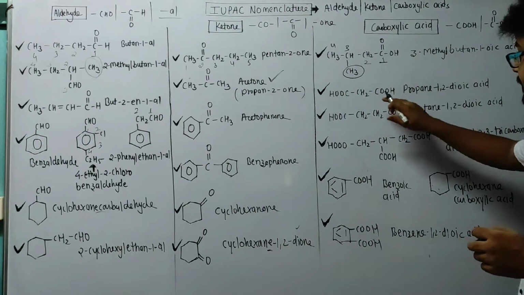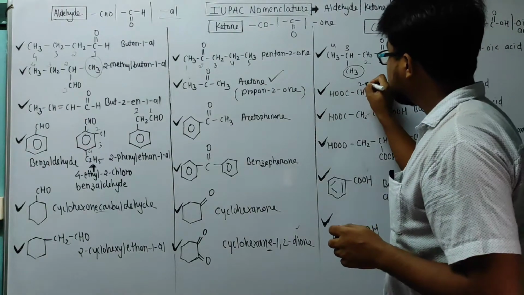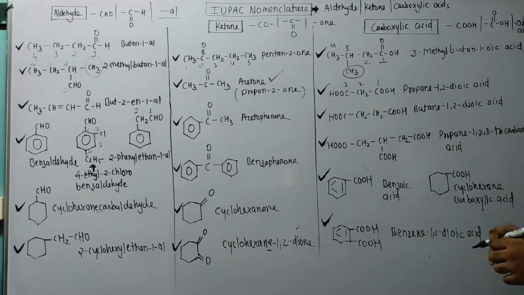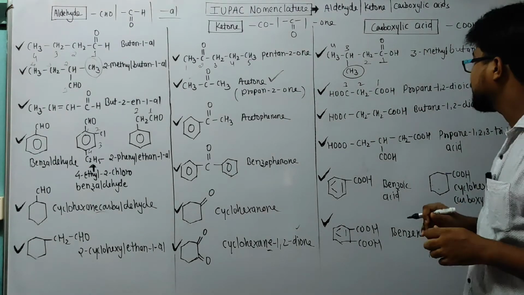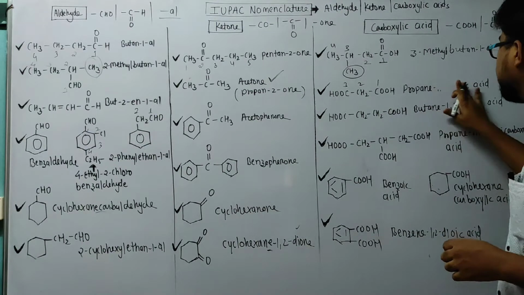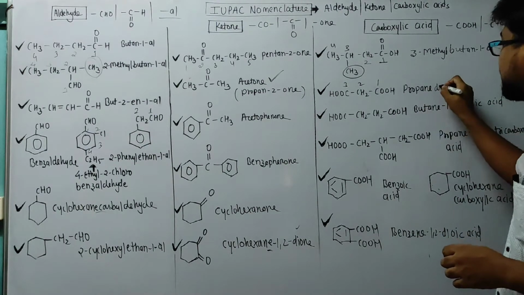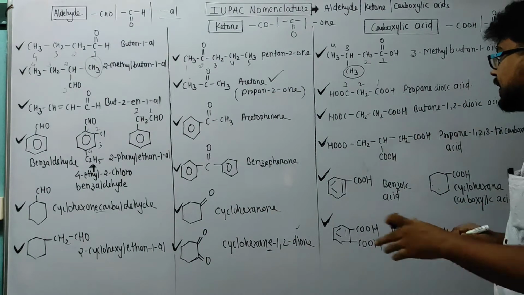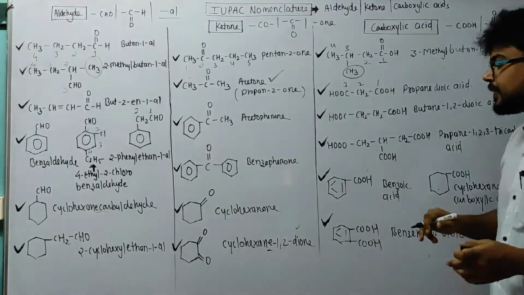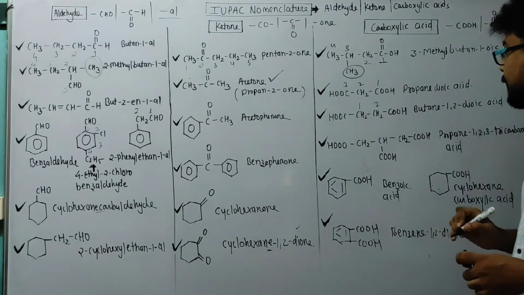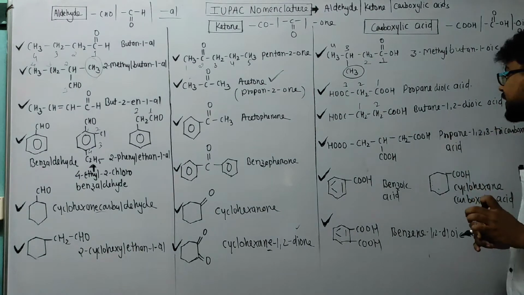Its name will be, with 1, 2, 3, propane dioic acid, not propane 1,2-dioic acid. It will be propane dioic acid. Next, if something like this, then its name will be butane 1,2-dioic acid.